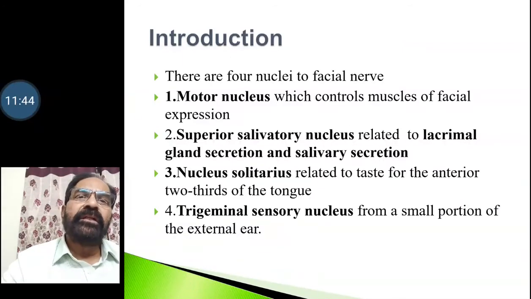Then we have a superior salivatory nucleus that is related to lacrimal gland secretion and also salivary secretion. Then we have nucleus solitarius related to taste for the anterior two-thirds of tongue, and trigeminal sensory nucleus for a small portion of the external ear.